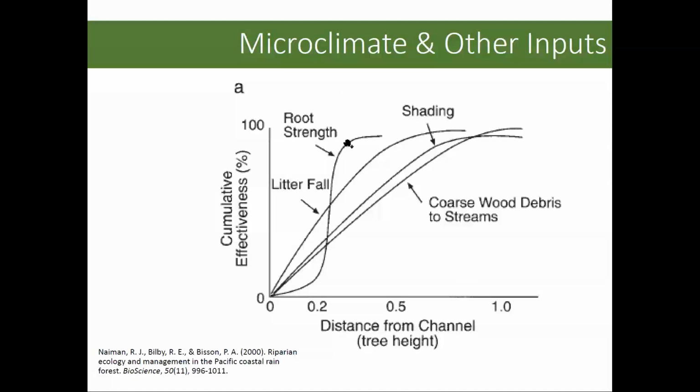For instance, for root strength, only about half a tree height length from the edge of the bank is where the maximum influence of those trees or plants would be. Further than that, and it's not really an important contributor.